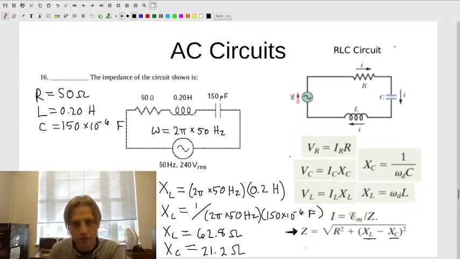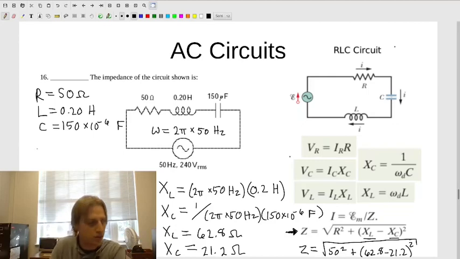Now I can put those values into this expression for Z. So it would be the square root of R squared, 50 ohms squared, plus 62.8 minus 21.2, and then square that. If you stick this all into your calculator, you should find a value right around 65 ohms.